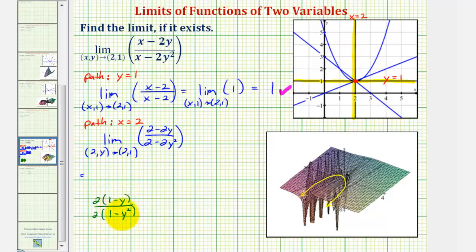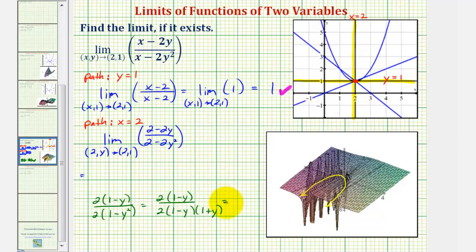Notice how our denominator is a difference of squares, so we have 2 times the quantity 1 minus y, divided by 2, and then we have a difference of squares, so we'd have the quantity 1 minus y times the quantity 1 plus y.